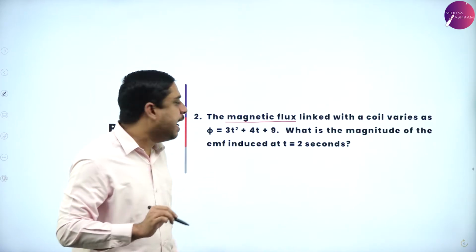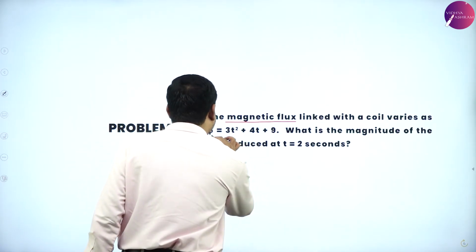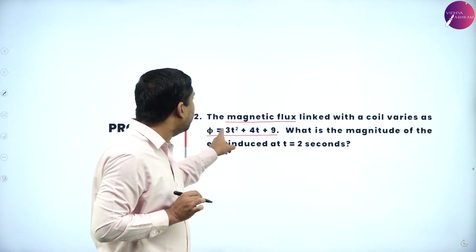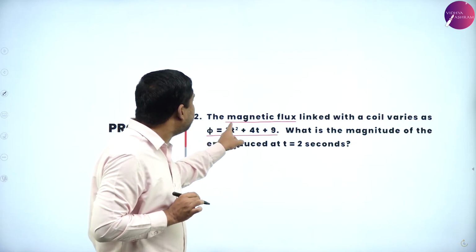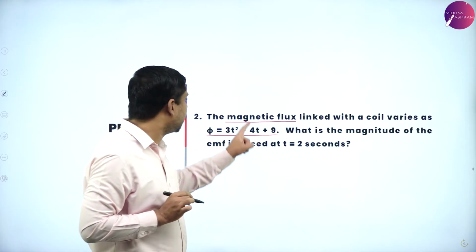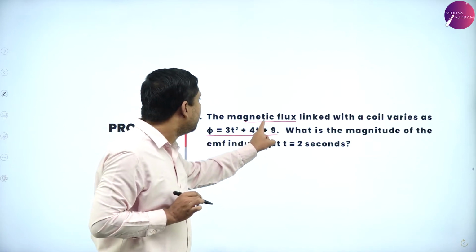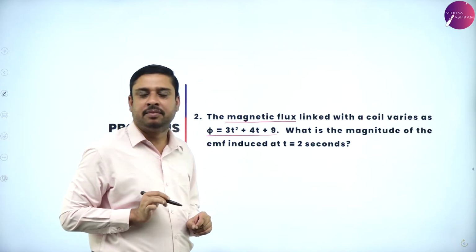It varies according to the expression phi equals 3t square plus 4t plus 9.